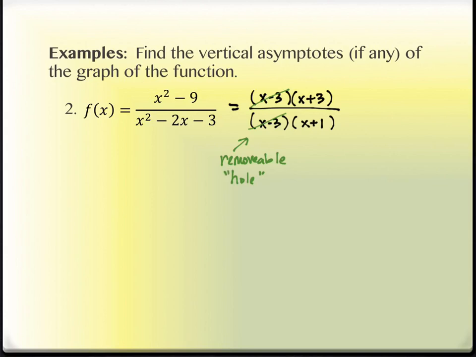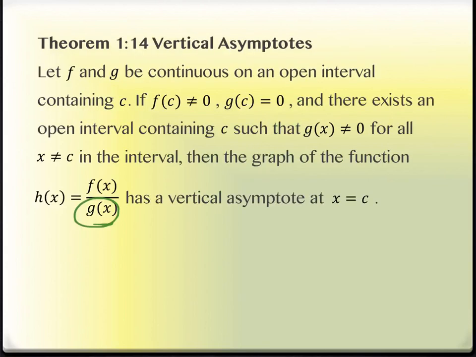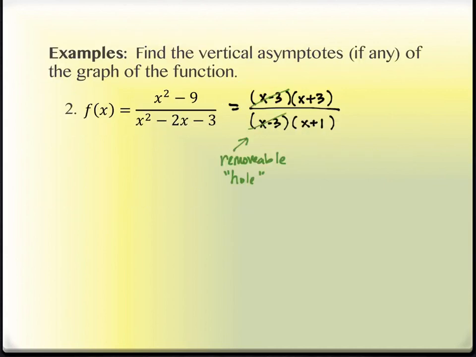So the reason I don't have an asymptote here is because if I were to put 3 in, x equal to 3, it would make the denominator 0. That's part of what this says over here. But it also makes the numerator 0. And if it makes the numerator 0, it doesn't fit into this description, does it? So that's why we've got to look at the numerator and the denominator. However, this piece gives me an x value equal to what? -1.